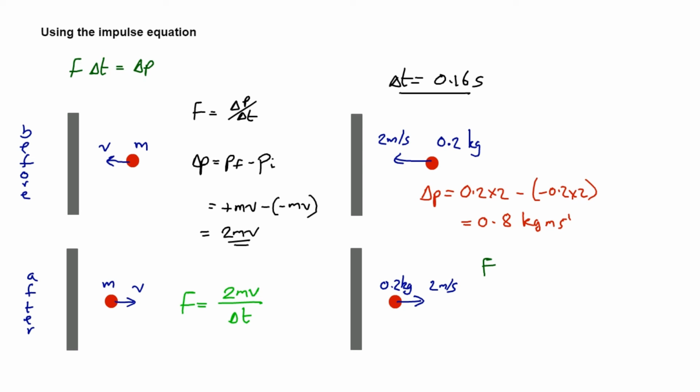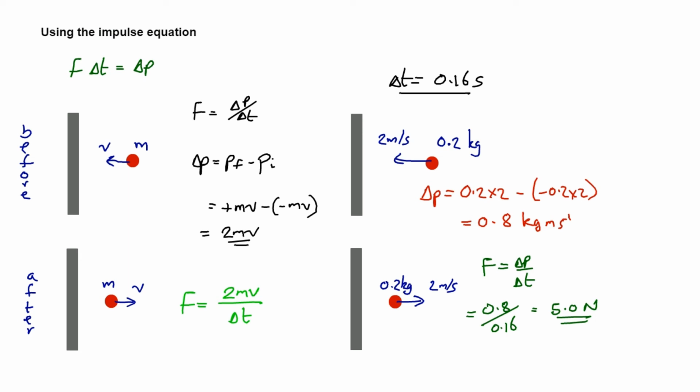So just be clear that it's only the time during which the actual change in momentum occurs, which is during the bounce itself. And so then we can find the force that must have caused that change in momentum. It's delta p over delta t, so it's 0.8 divided by 0.16. And if we knock that in the calculator, we get 5 newtons, exactly, on this occasion.